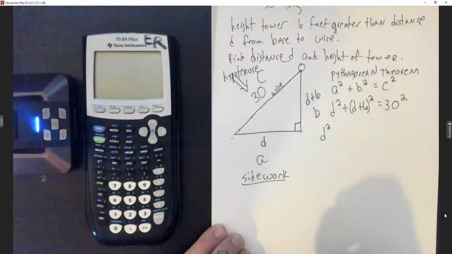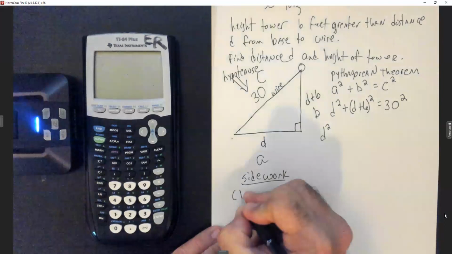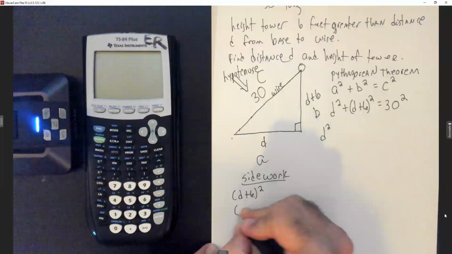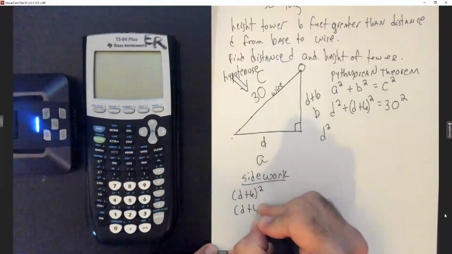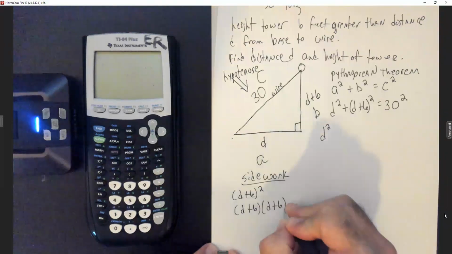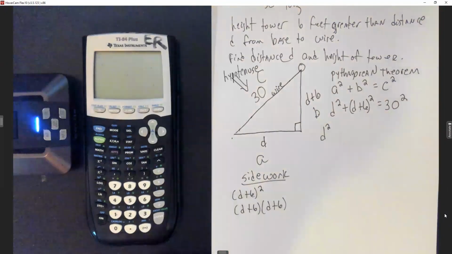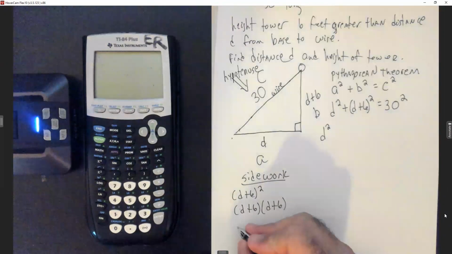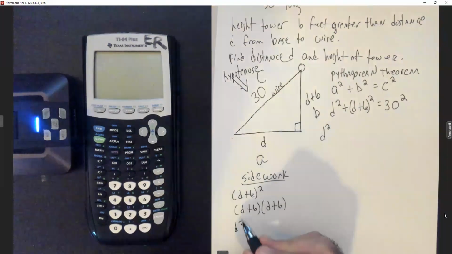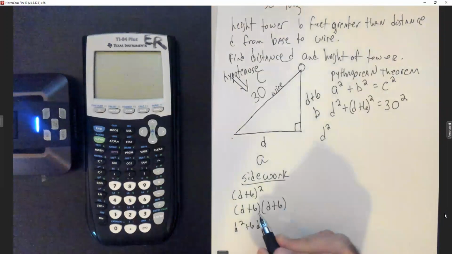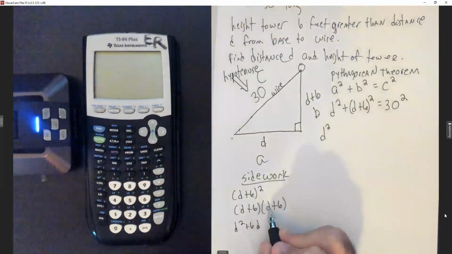So D plus 6 squared is going to equal D plus 6 times D plus 6. You gotta FOIL this one, okay? So D times D is D squared. D times 6 is 6D. 6 times D is another 6D.